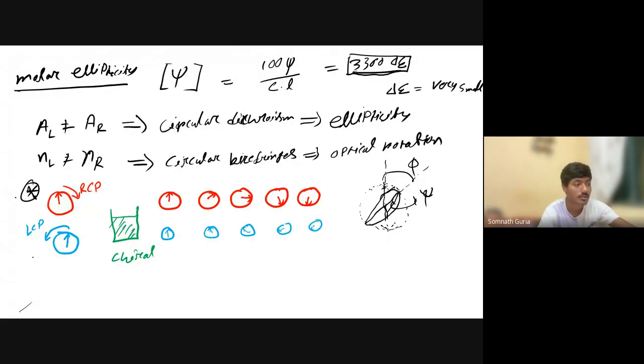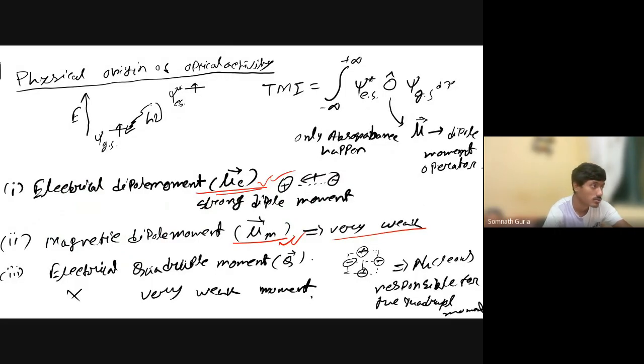Okay, so next we discuss what the molecular property is that interacts with this circularly polarized light. To find that, we go to the molecular level, where in the molecules we have some defined kinds of dipole moment. One is the electrical dipole moment, another is the magnetic dipole moment, and another is the electrical quadrupole moment.